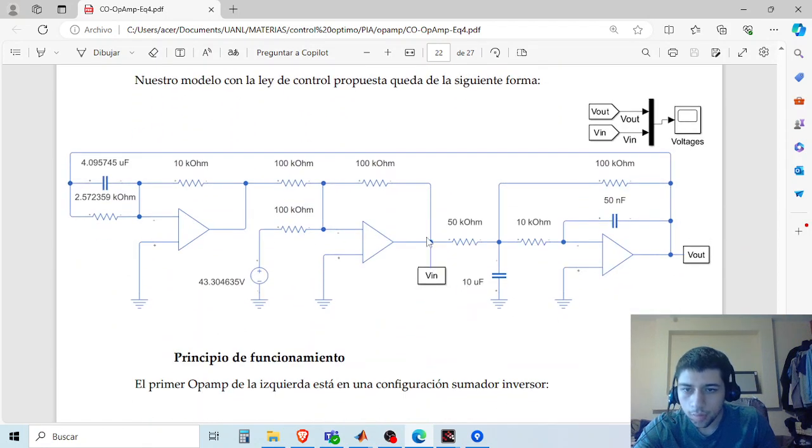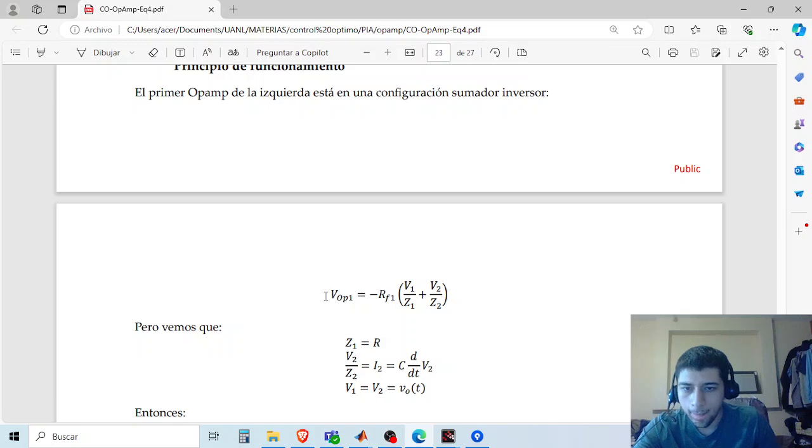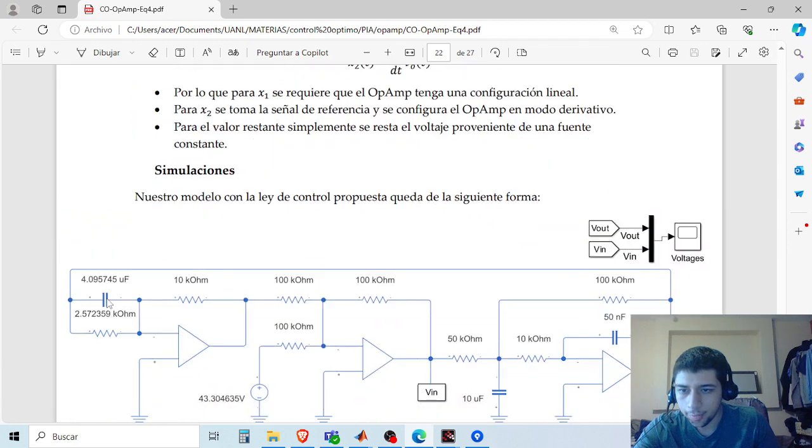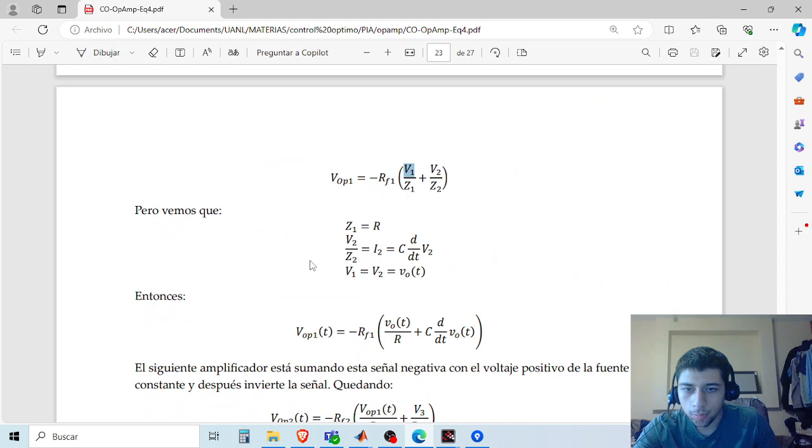So the first op amp on the left is an op amp with a summing configuration, and the equation for a summing amplifier is the following. For the first voltage value, it is some constant reference.